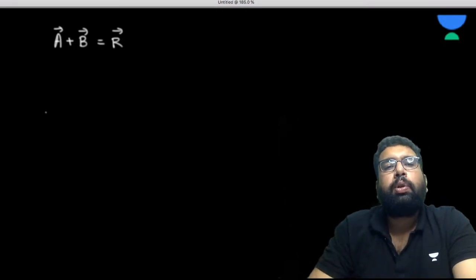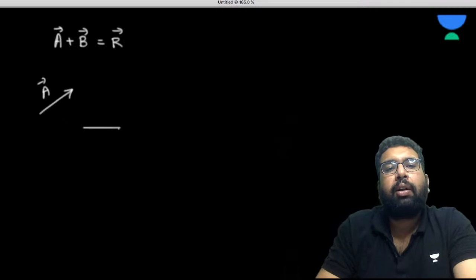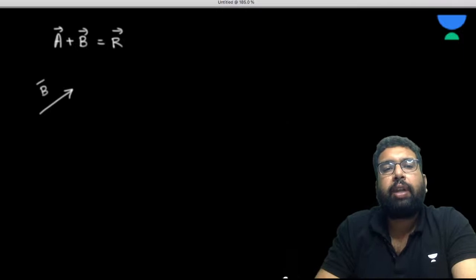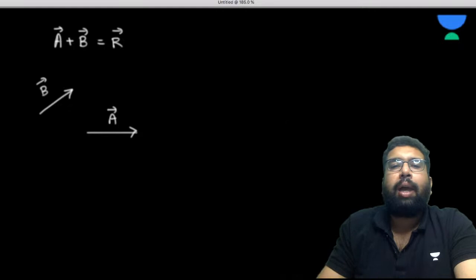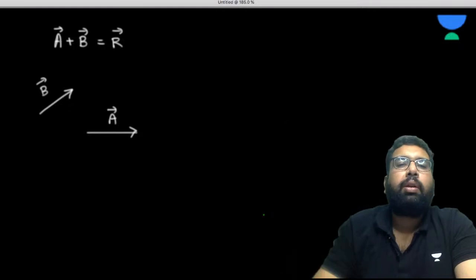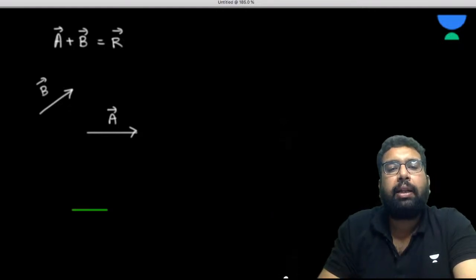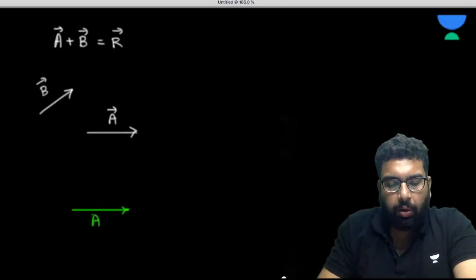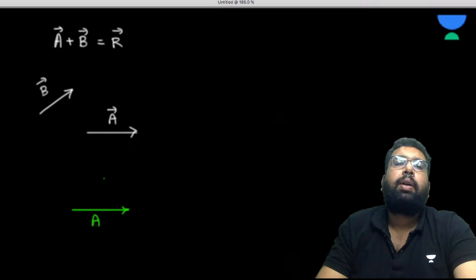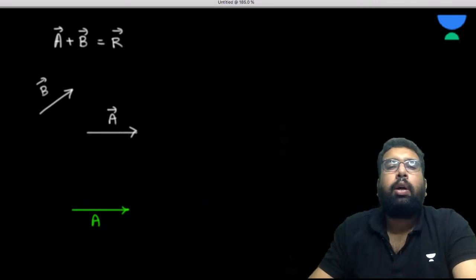Let's suppose two vectors are there, vector A and vector B, like in the last session, and we need to add these vectors. If we apply the law of triangle of vectors, from the end of one vector, another vector can start.